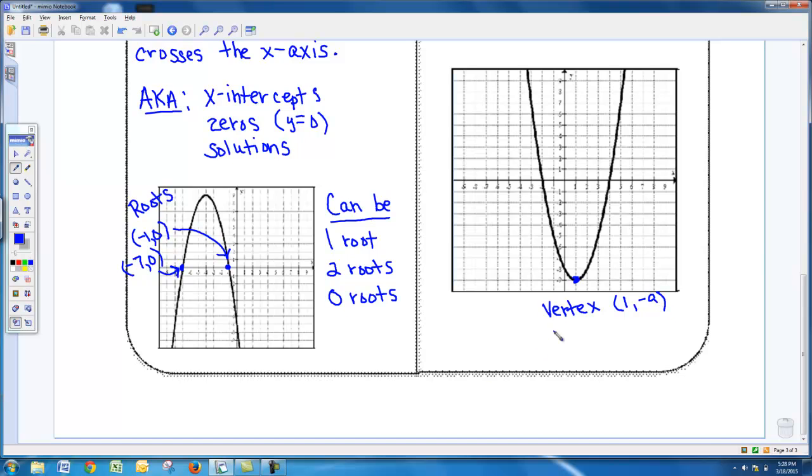And that vertex is a minimum. The parabola has a minimum value of -9. A minimum y value of -9. The axis of symmetry of this parabola is x equals 1.